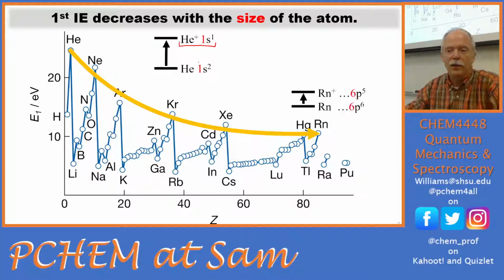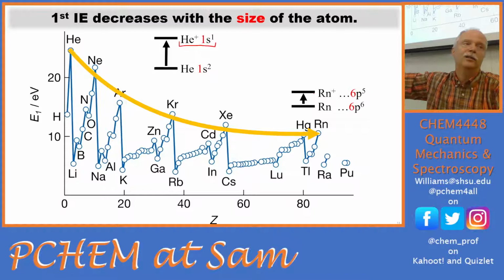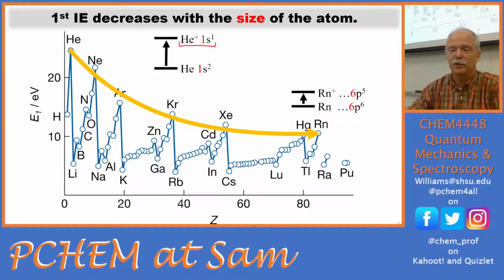What about radon? Well, it's way out here. It's a 6p6, and the radon cation has 6p5. Okay. And those energy levels are closer together because you've got a really large atom there. And those 6p electrons are way far away from the radon nucleus.